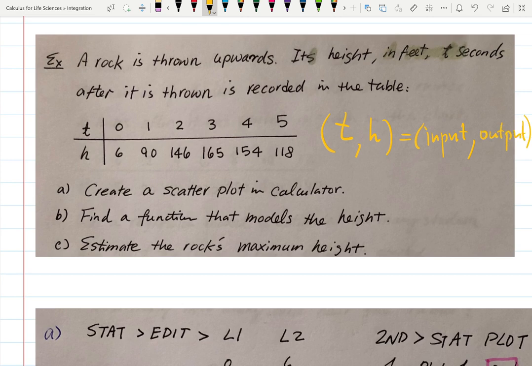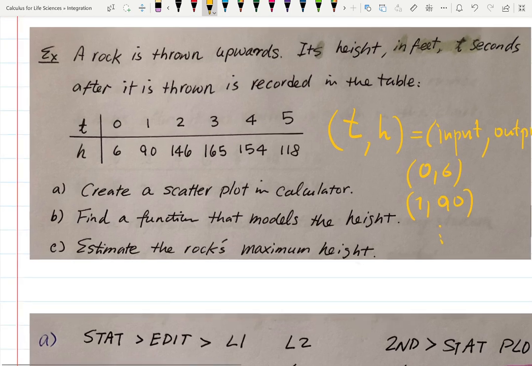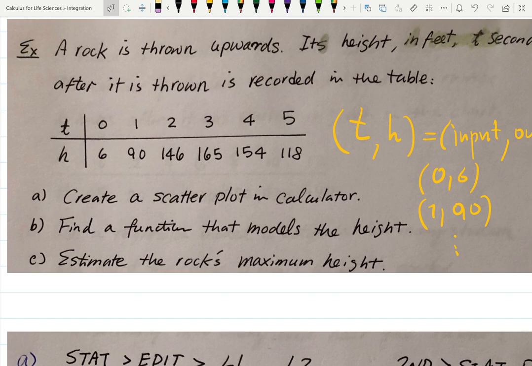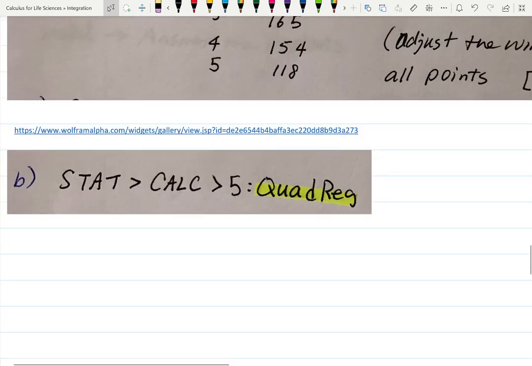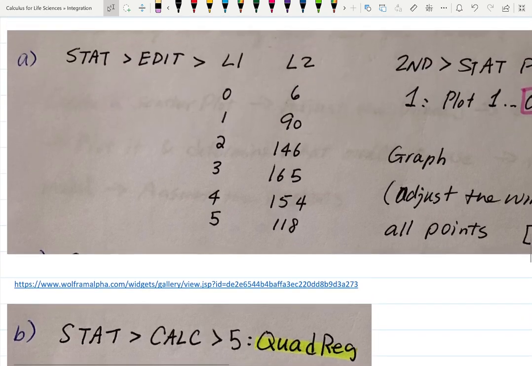So now we have a list of points, for example, 0, 6, 1 and 90, and so on. You need to learn how to plot this using a graphing calculator or any other tool. I use Wolfram Alpha because I like it.